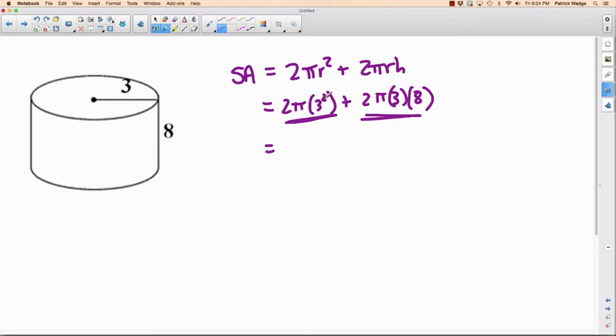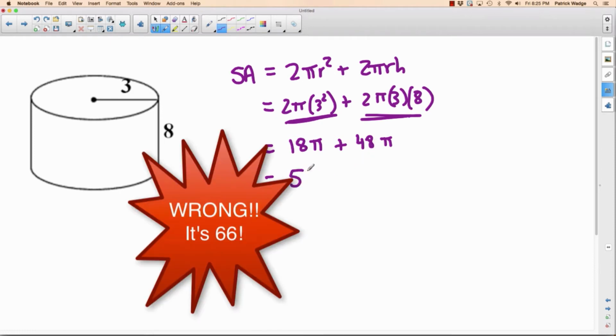So I'd have 3 squared, which is 9, times 2 is 18. So I have 18 pi plus 2 times 3 is 6, times 8 is 48. So now I have 48 pi. Any ideas what 18 pi plus 48 pi is? You just add them together, 18 and 48, and you get 56, and it's still pi.